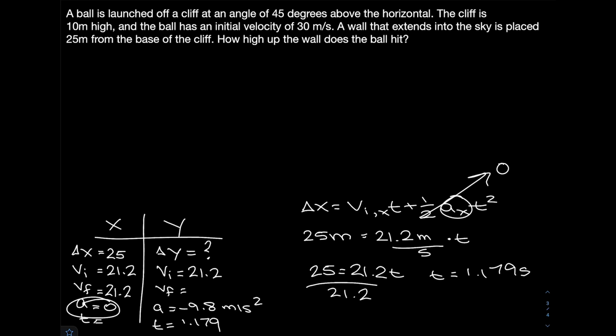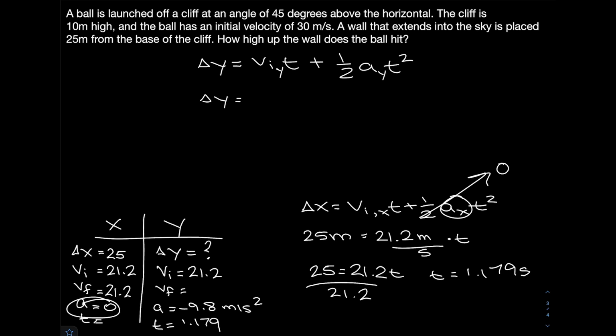So let's go ahead and take a look at what this answer is going to be. How high up the wall does the ball hit? So we have delta y is equal to the initial velocity times time. We know both of those, plus 1/2 times the acceleration times time squared. We know all of those components, and if we want to add those little subscripts of y, we can, just to remind ourselves that we are working in the vertical direction here.